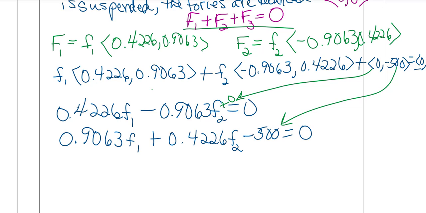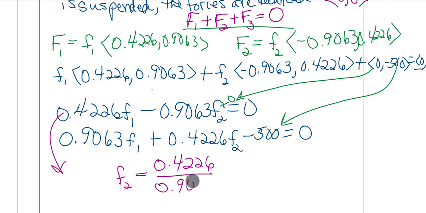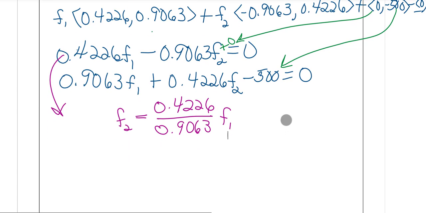Okay, so what I'm going to do is take this first equation and solve it for F2. I'm not going to show all the steps. I'll just let you know that we get F2 equals 0.4226 over 0.9063 F1. I'm sure you guys will feel confident enough to simplify that, but if not, I can go over it in class tomorrow.